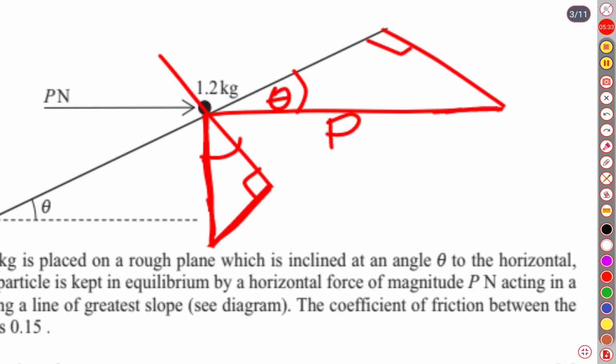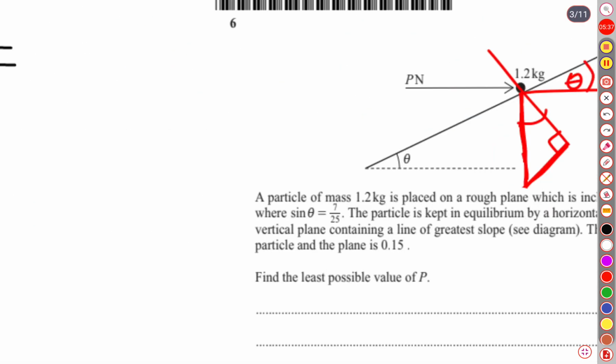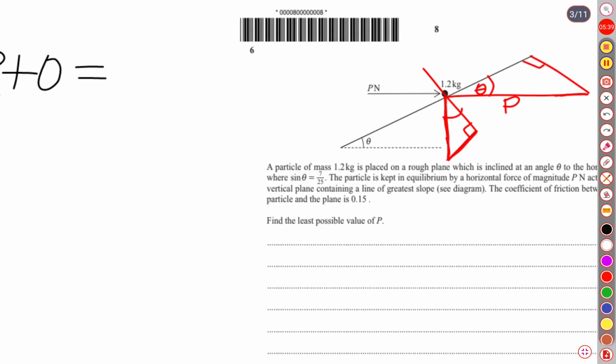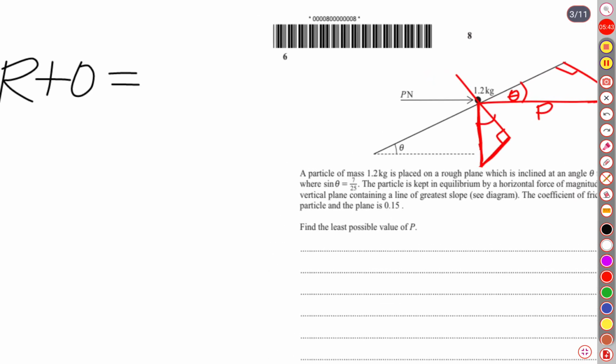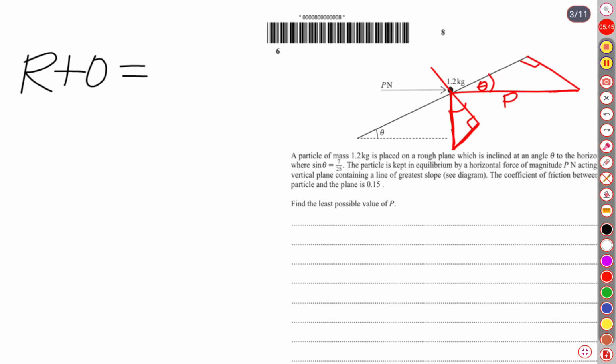Okay, well, so from this one, if we calculate our normal reaction, as I have told, P is also pressing the particle downward, so there is no upward force at all. So downward forces are what? First, weight is mg. We know how to write this, mg sin theta plus p is also acting downward.